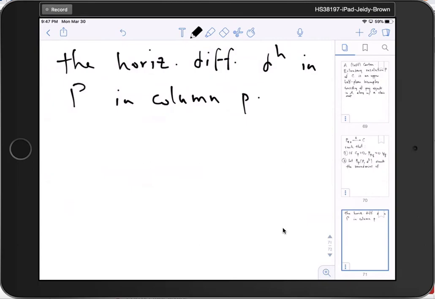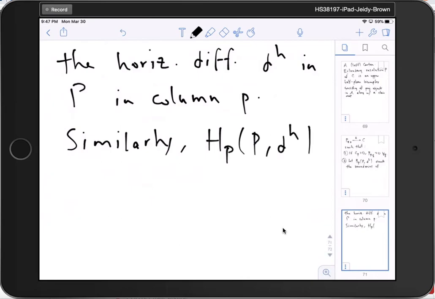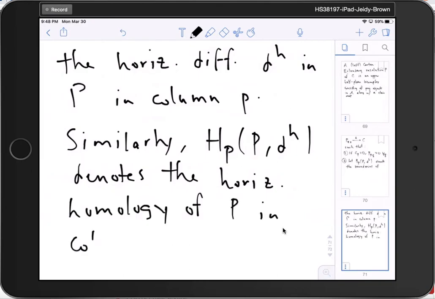Okay, so those are the boundaries, and then similarly, H_p(P, d^h) denotes the horizontal homology of P in column little p.